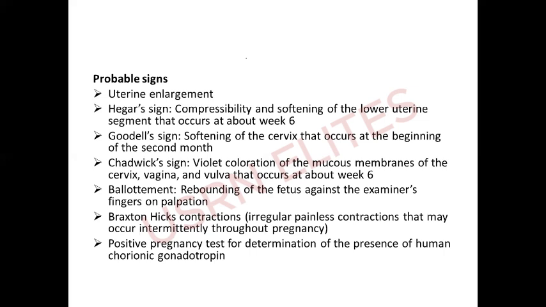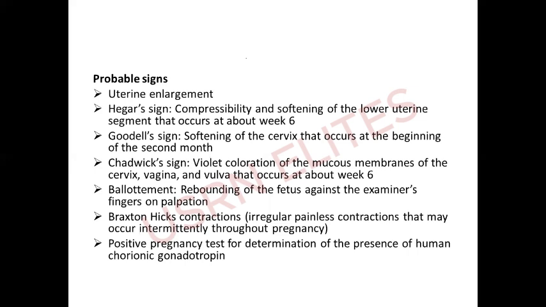You can only elicit this during your assessment. When there is softening and compressibility of the lower uterine segment, you know that you have elicited what we call Hegar sign. The week at which it occurs is also very important. We all need to know that it will occur at around the 6th week of gestation.